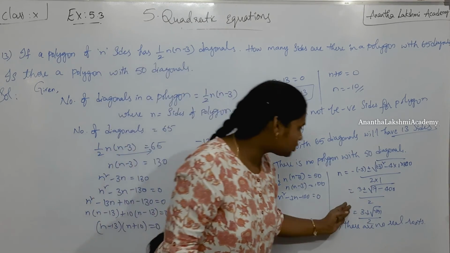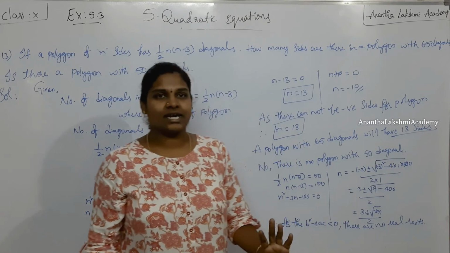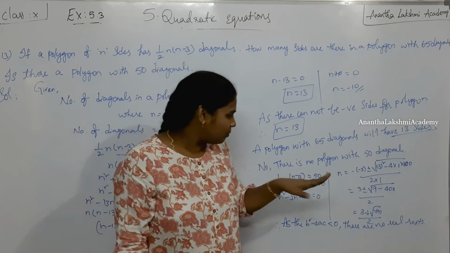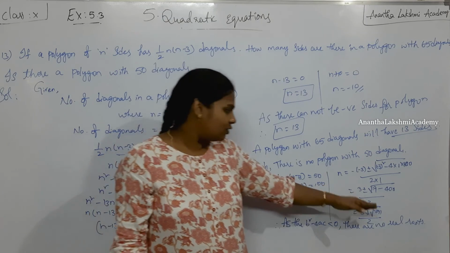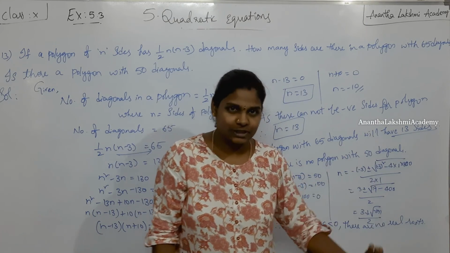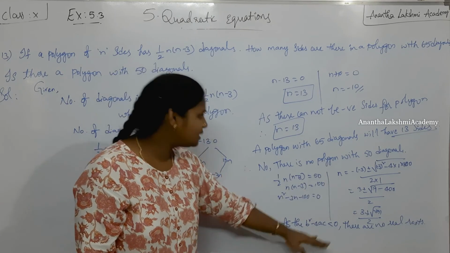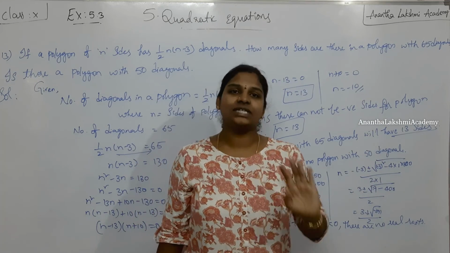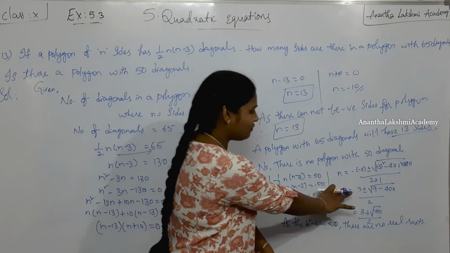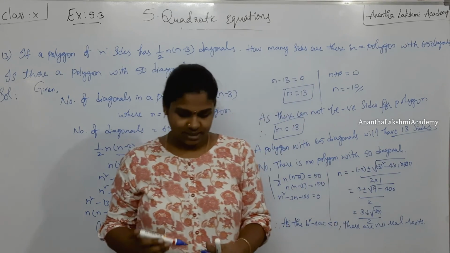Since this equation does not have any real roots, there cannot be any polygon with 50 diagonals. I just can't say no just because I don't know, because if you solve this, you get the square root of a negative value, which is not possible, and hence the roots are not real. So for that purpose, we cannot have a polygon with 50 diagonals. So if you want to prove that, you could do this simplification first and then finally write no, there is no polygon with 50 diagonals.